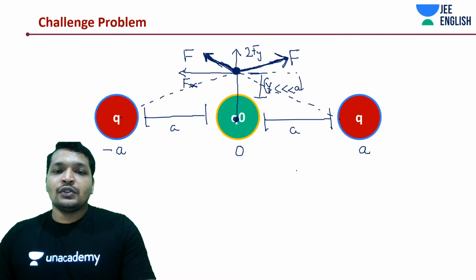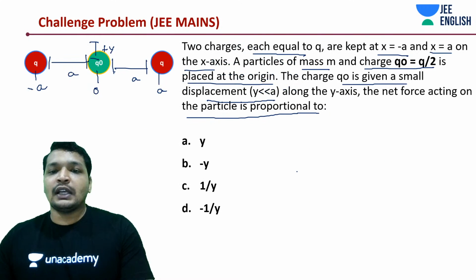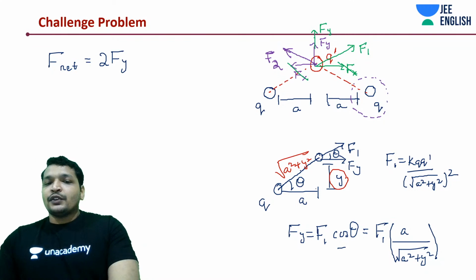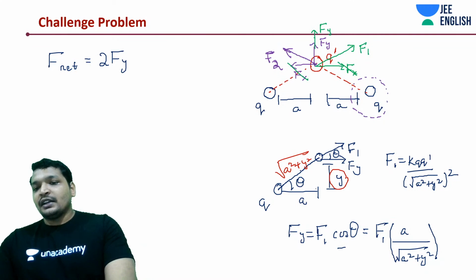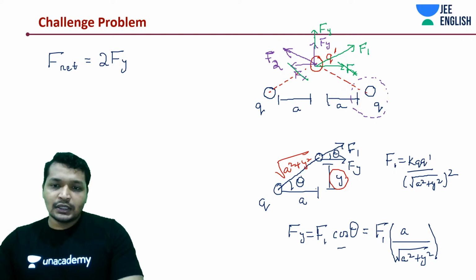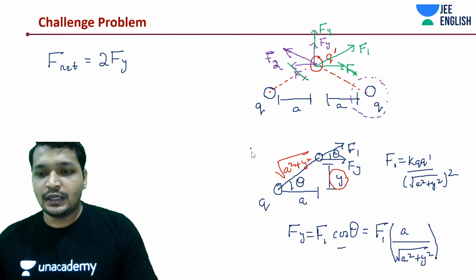And what is the question being asked? The net force acting on it is proportional to. In a way, you understood what the net force is proportional to. If y is very small, you will write it down as a square and y square. Okay, this is fx we calculated.